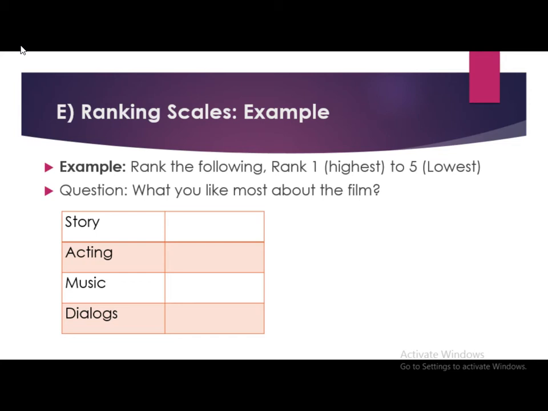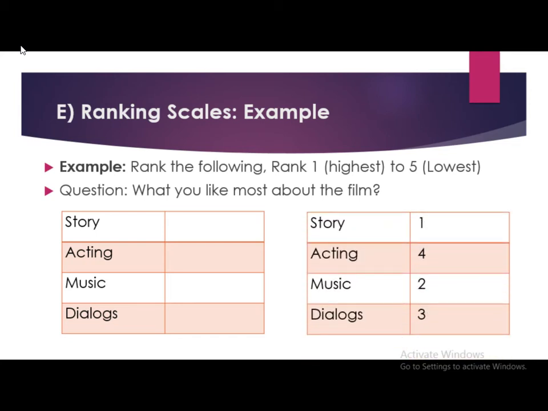Then the respondent has to click: if I like the story, then the story will be given rank 1, that is the highest. Then music rank 2, then dialogue will be given rank 4, acting will be given rank 3, and if I don't like the cinematography, then I will give rank 5, that is lowest, to the cinematography. So this is how a ranking scale can be used.